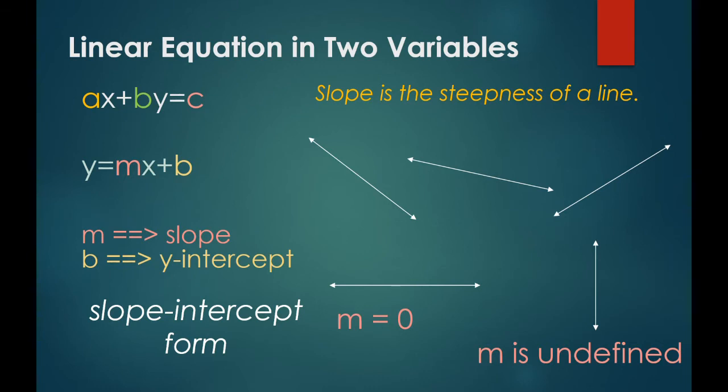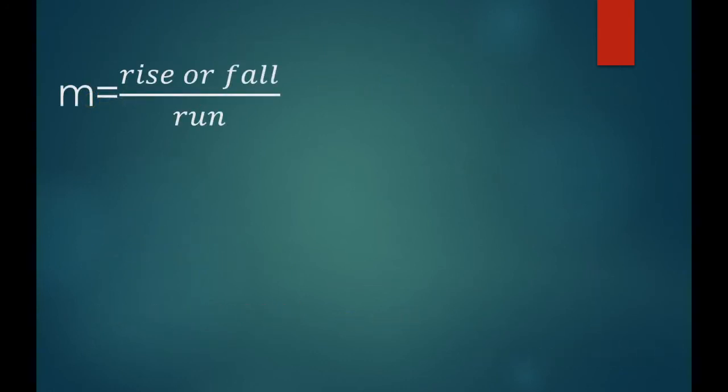Tandaan natin, ang format ng linear equation ay pwedeng ax plus by equals c at pwede ring y equals mx plus b. So, discuss natin tong m na to, or ano yung tawag sa kanya kanina? Ang tawag sa kanya ay slope.